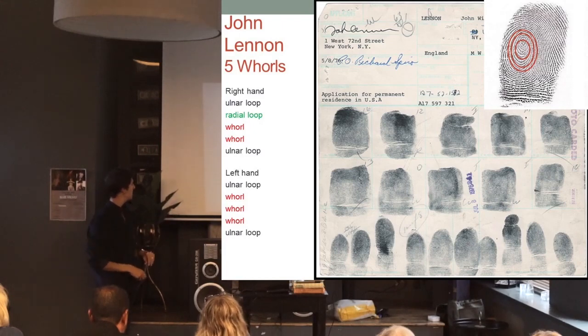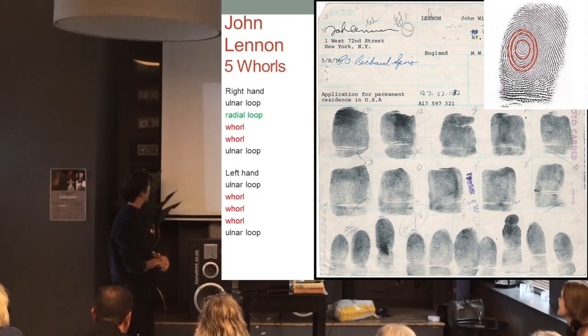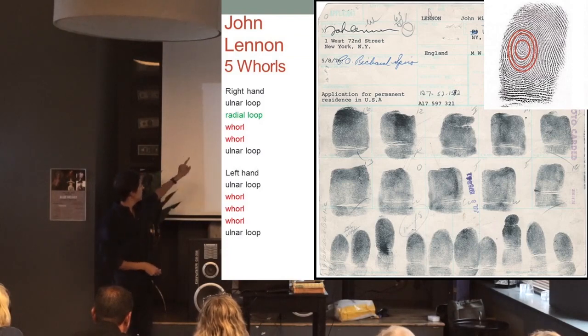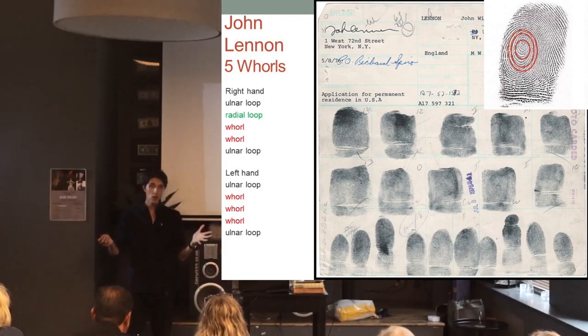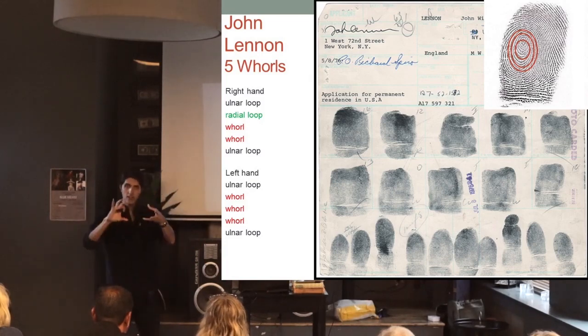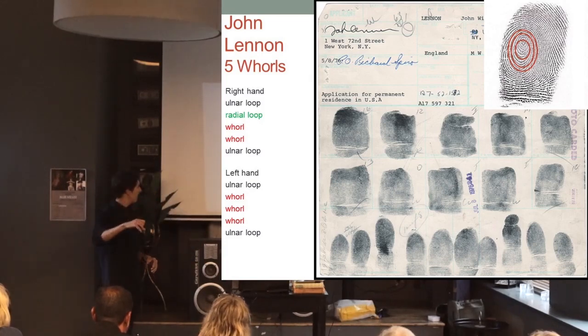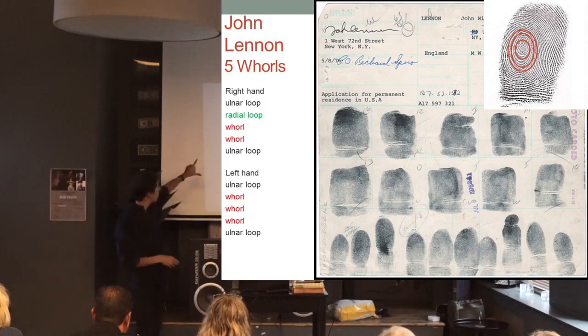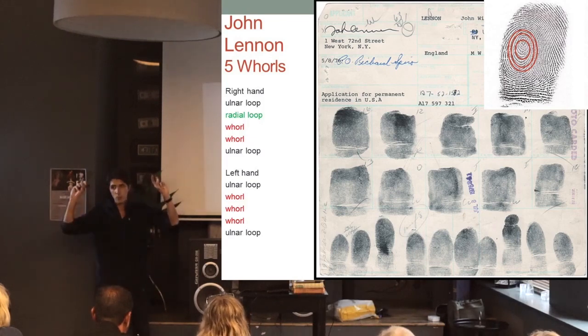So we've got John Lennon's fingerprints here, courtesy of the CIA, I believe. And what we can see with him, you have to take my word for it, is that he's got a radial loop, but he's got a lot of whorls. He's got 1, 2, 3, 4, 5 whorls. So that's quite a lot. And so the whorl's going to individualize and intensify his overall character, but specifically he's got it on both of his middle fingers, which is all to do with structure, society, authority, religion, all those things, and then both of his creative fingers.